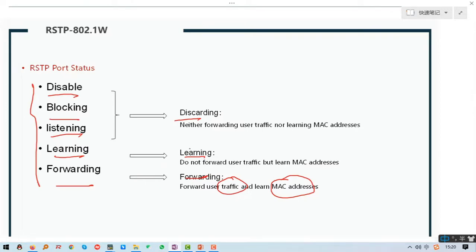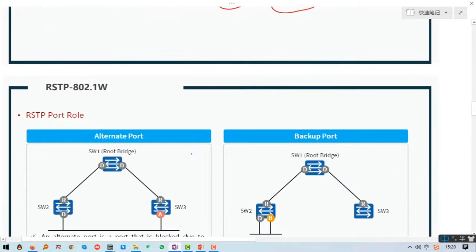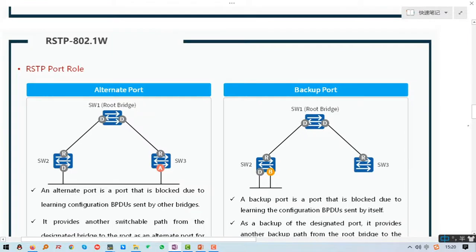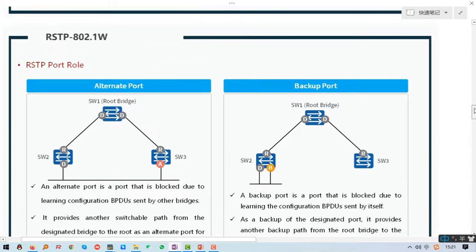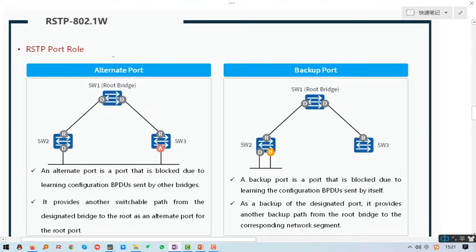And the port roles of RSTP are root port RP, designated port DP, alternate port AP, and backup port BP.